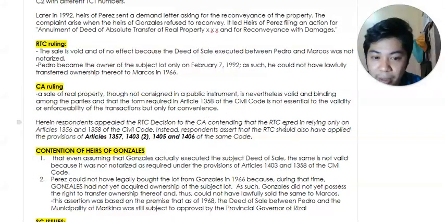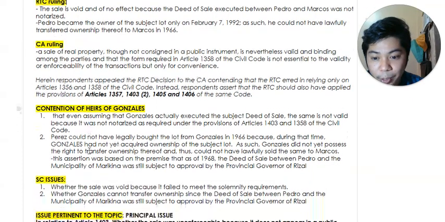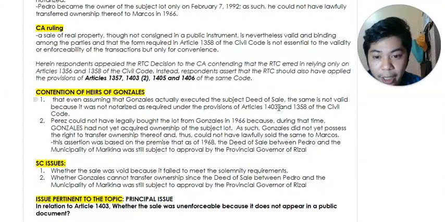As you can remember, the RTC's ruling was that the sale is void. But the CA's ruling was that the sale of real property is valid. So now it was the heirs of Gonzales who contended that the decision of the CA was wrong, to the Supreme Court. So these were their contentions.